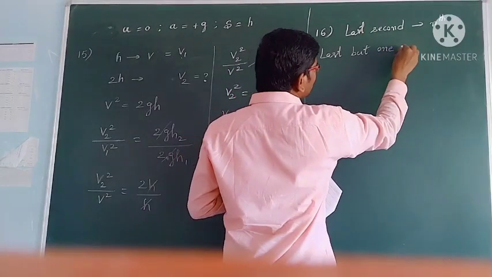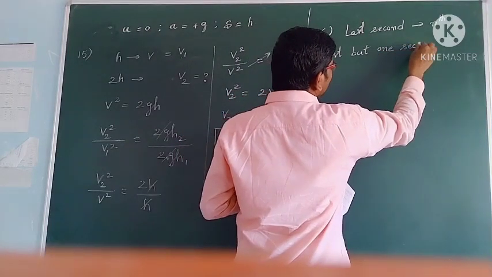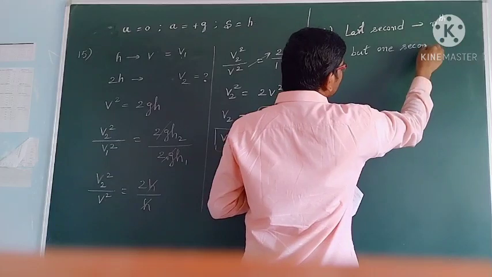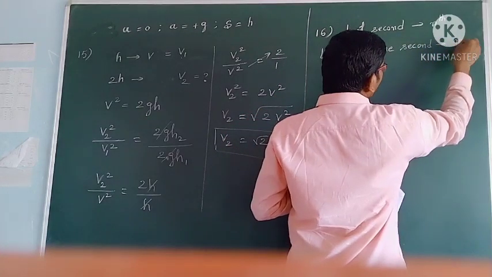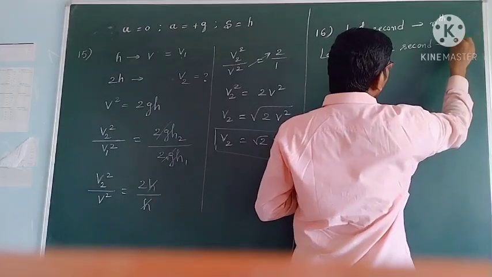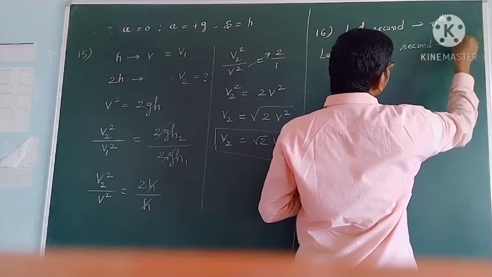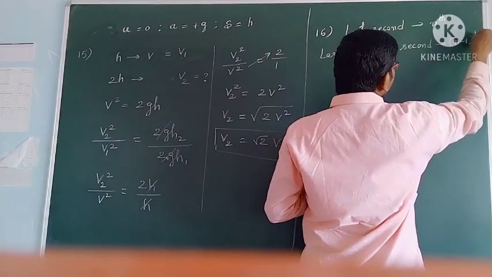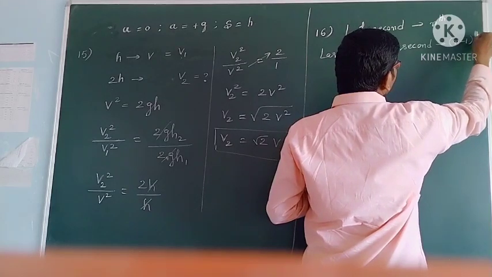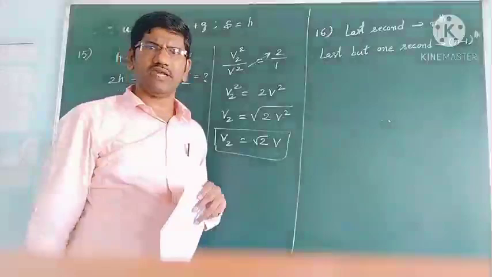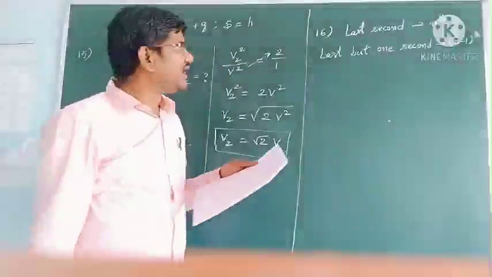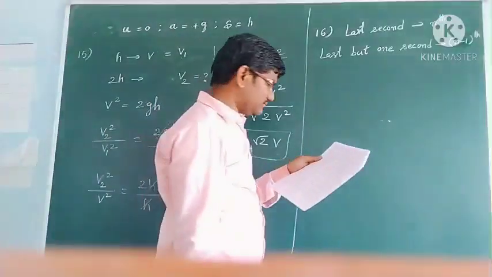Last but 1 second means it will become n minus 1th second. Okay students, the last but 1 second means it will become n minus 1th second, and the ratios are given.